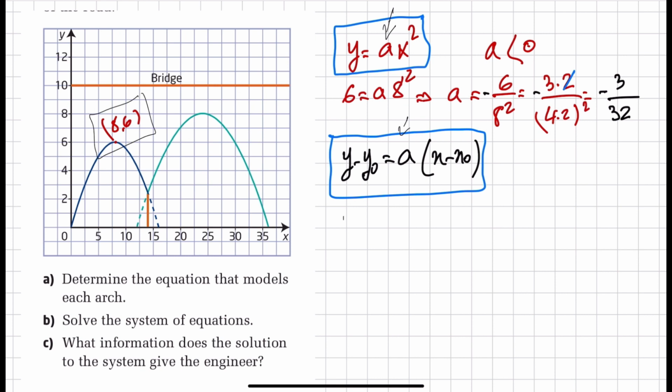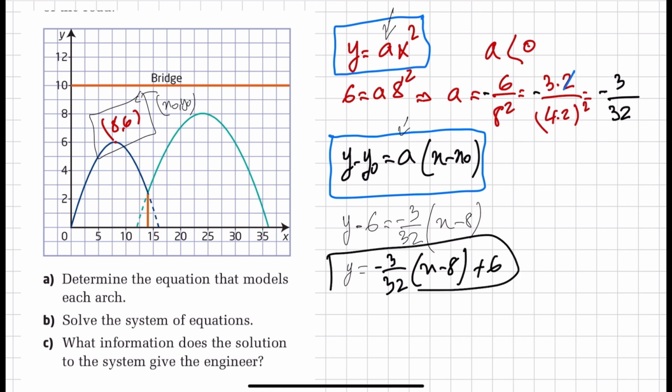So y minus 6 is equal to my a, minus 3 over 32, times (x minus 8) squared. And you can just write this as y is equal to minus 3 over 32 times (x minus 8) squared plus 6. So this is my first parabola equation.